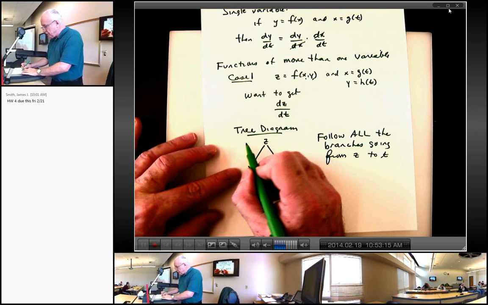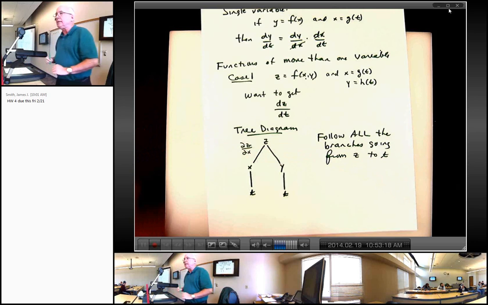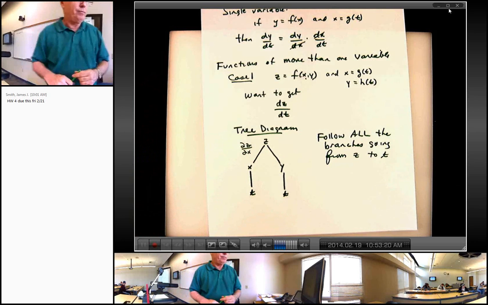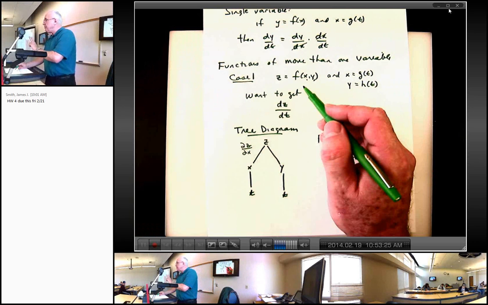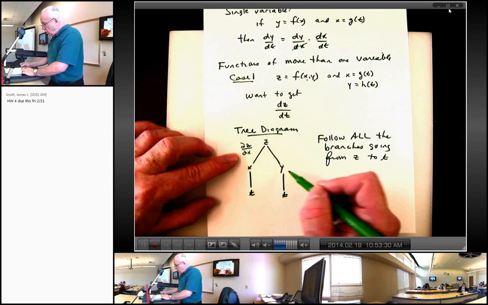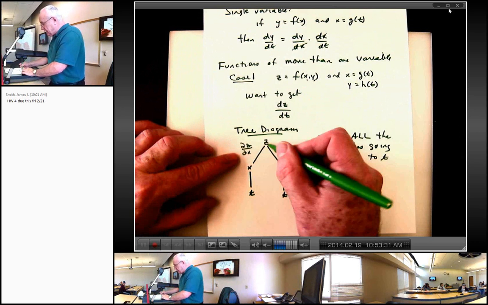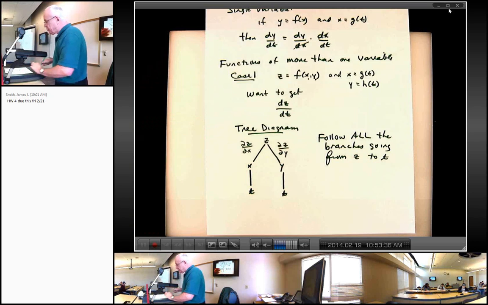Now this branch can be considered the partial derivative of z with respect to x. After all, that's what we're talking about here. It's a partial derivative because z is a function of two variables. It's not a single derivative. Over on this right branch, z leading to y, again, it's the partial derivative of z with respect to y.